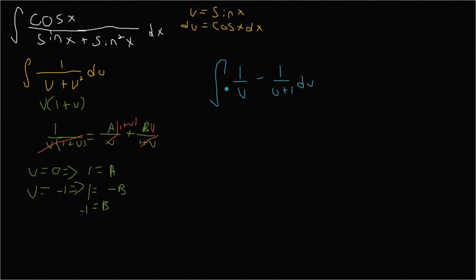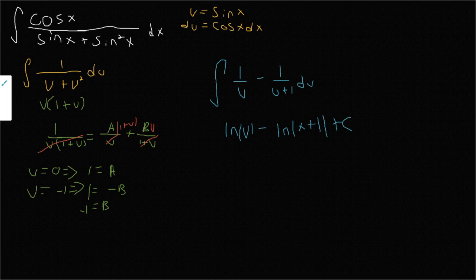And so now we can use our properties of logarithms, right? So ln of the absolute value of u, minus ln of the absolute value of u plus 1, plus c. I think I put parentheses last episode, but it is the absolute value.